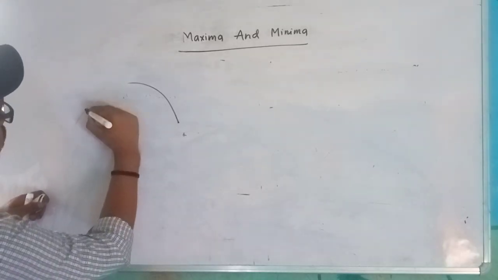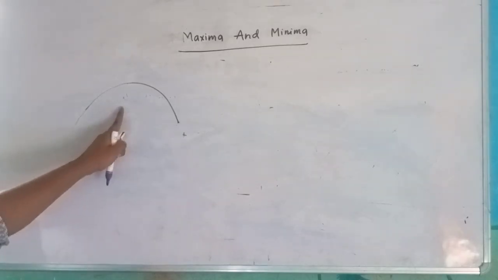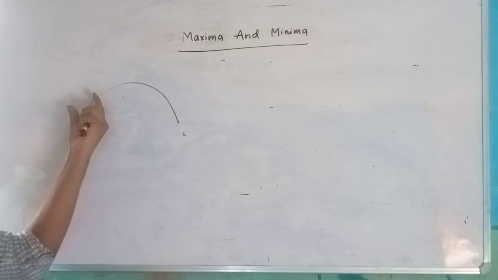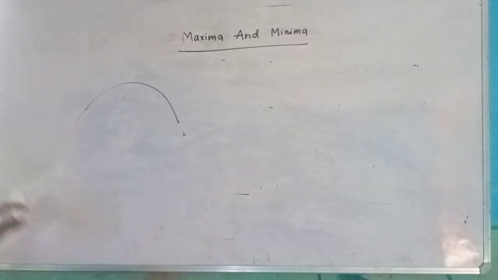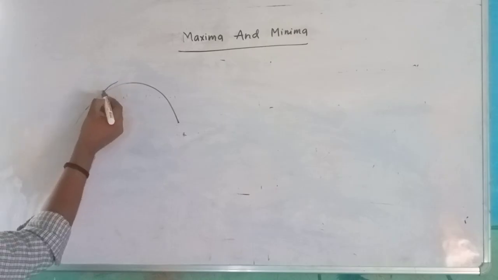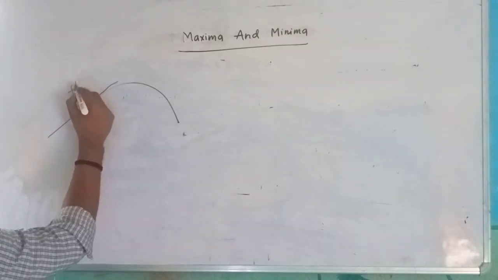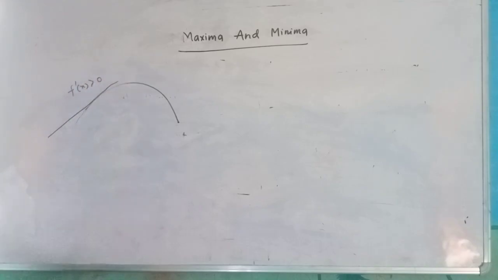In case of local maximum, our graph looks something like this. Can you tell me what the slope of this part of the graph is? Here we draw the slope line. Here the slope is positive. Slope is nothing but the derivative of the function. So here the slope is positive.